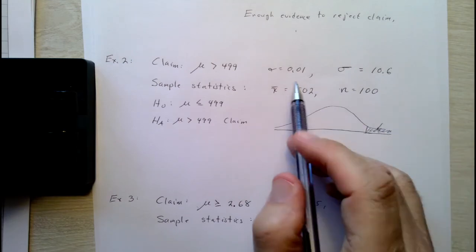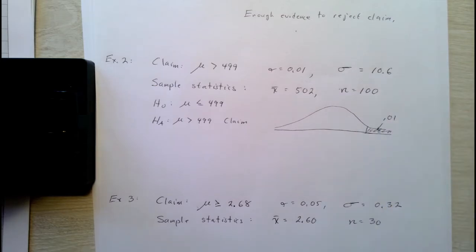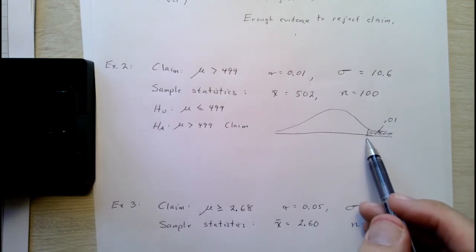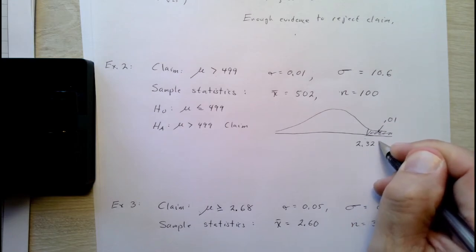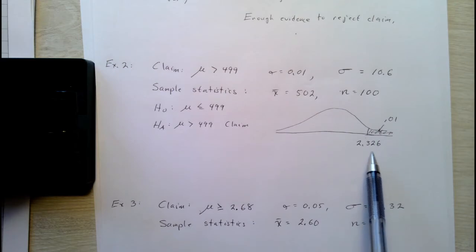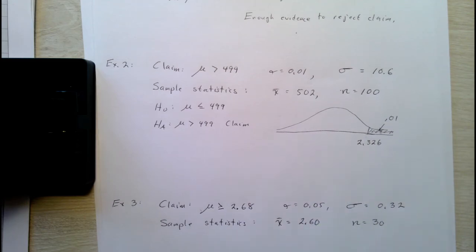Where this area, alpha, is 0.01, so that's what this area is. And then we can use our calculator or our tables to find that this point has to be 2.326. You can use inverse norm of 0.99 or look it up on your table, because again, this is just the standard normal distribution we're using.